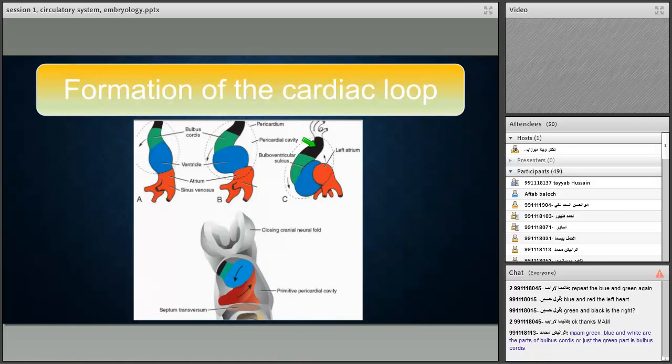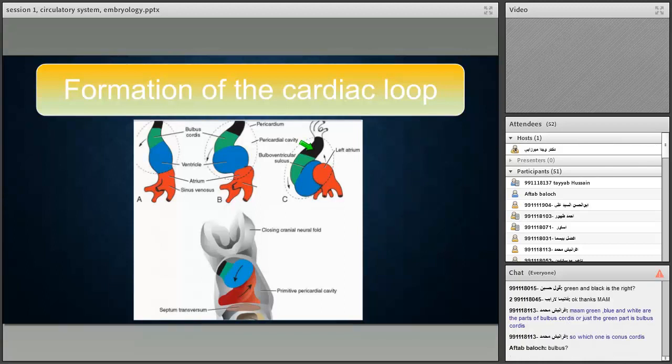These three, white, black, and green, are parts of bulbus cordis. The mid part, or the black one, is called the conus cordis.